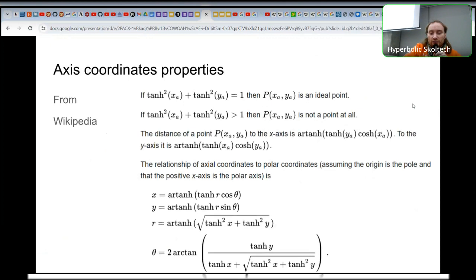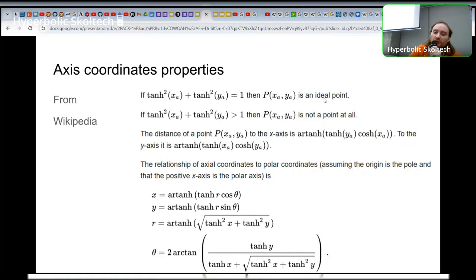In this definition we have formulas: when the sum of squares of hyperbolic tangents of the coordinates equals 1, your point is ideal.